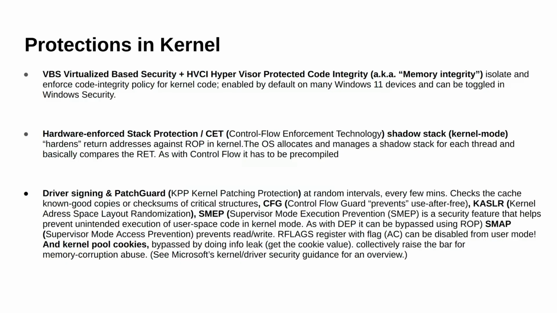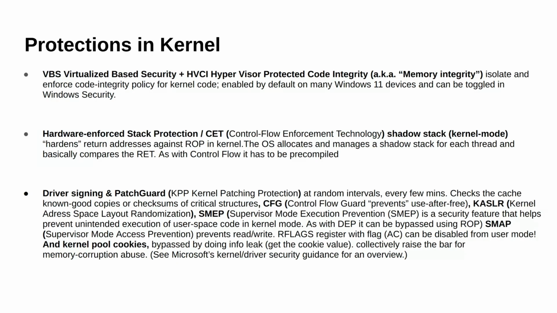And also use their own syscalls to get into the hypervisor pages and so on. So it isolates and enforces code integrity policy for the kernel, enabled by default on many Windows 11 machines. Then you have enforced stack protection, that is control flow, and all of these protections are mixed together. Control flow checks the flow, similar to what you have in user mode, and then you have the shadow stack in kernel mode.